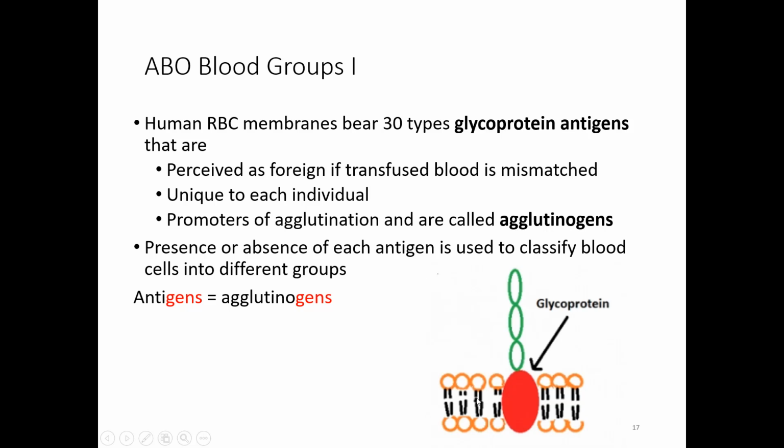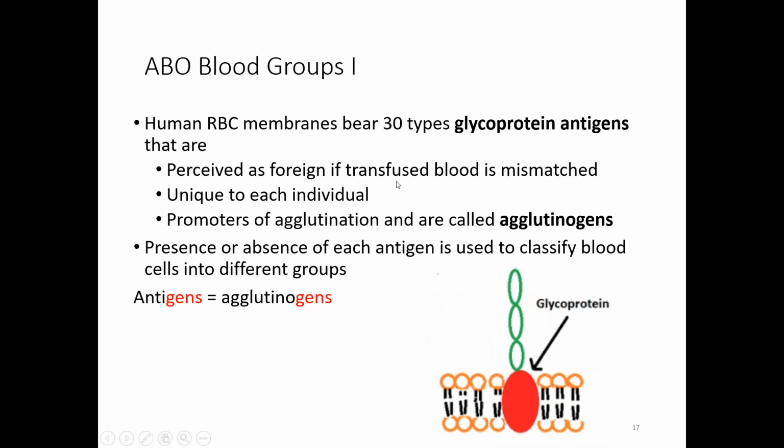Our red blood cells have cell membranes, and on the surface of their cell membranes, embedded in them, there are molecules called glycoproteins, with protein parts and glyco-carbohydrate parts. In different people, those glycoproteins, also called antigens, have different shapes.